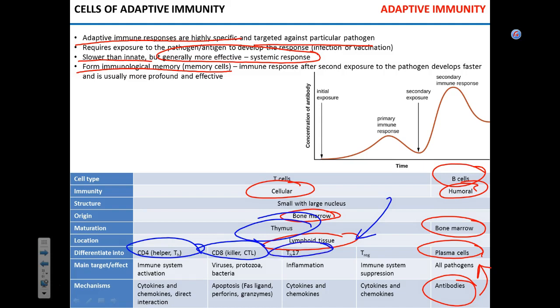Inflammatory Th17 cells specifically induce inflammation. And T-regulatory cells actually suppress the immune system and control the intensity and the duration of the innate response to a particular pathogen. Any questions before we move forward?